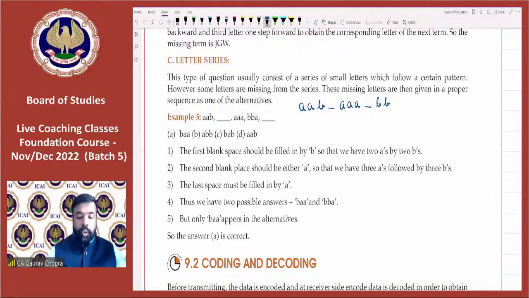So there will be some change in this question. So let us reframe this question so that we can get the correct result.